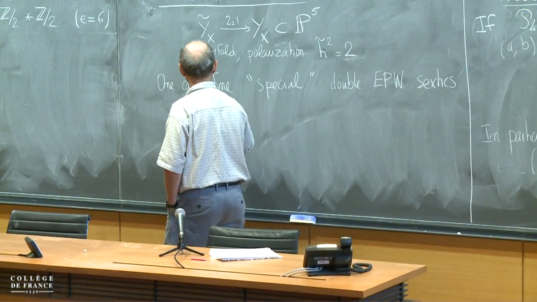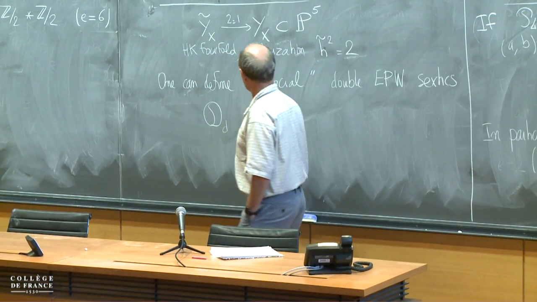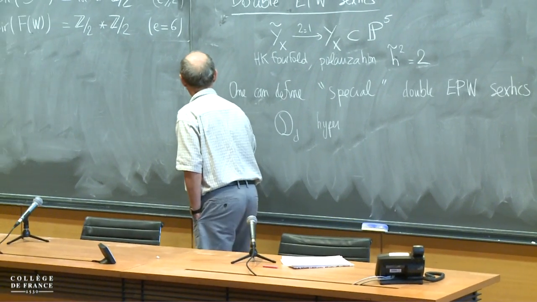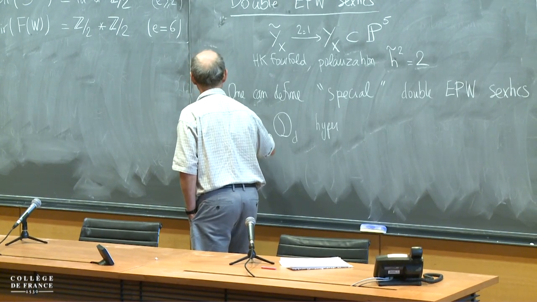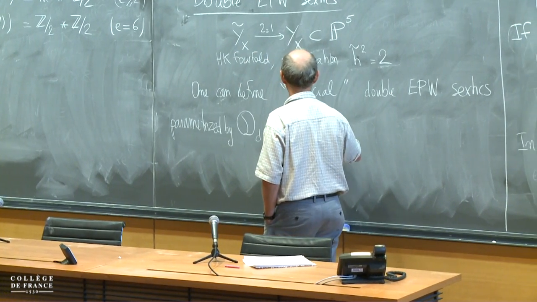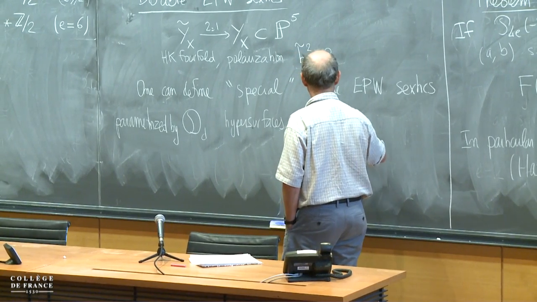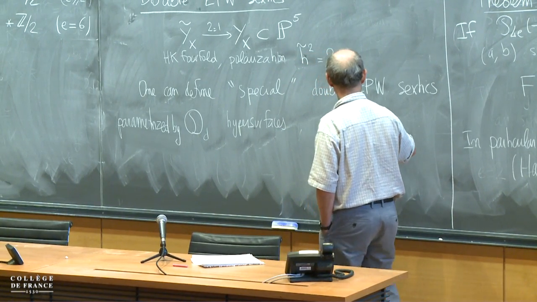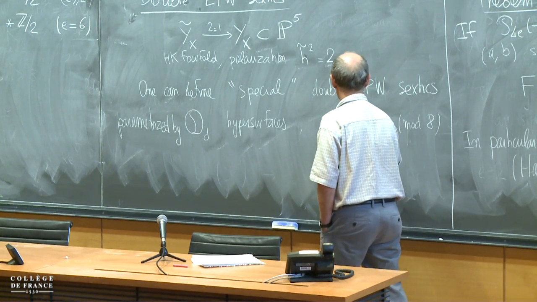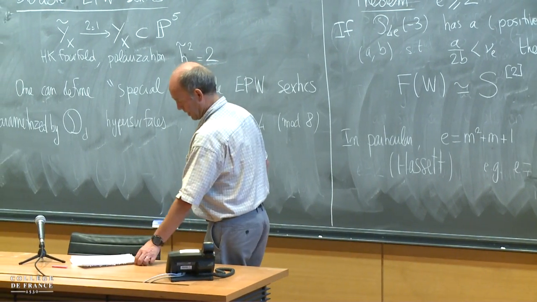Let me denote them D. These are hypersurfaces in the moduli space. And here the condition that you need is D congruent to 0 or 4 mod 8, and D at least 10, so it's very similar to what Hassett did in the cubic case.